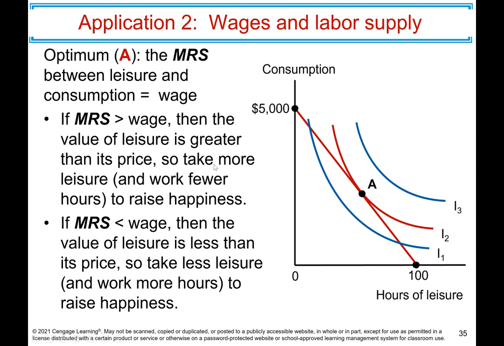So people take more leisure and work fewer hours to raise happiness. If, on the other hand, the marginal rate of substitution is less than the wage rate, then the value of leisure is less than the price. So people take less leisure and work more hours to raise happiness.